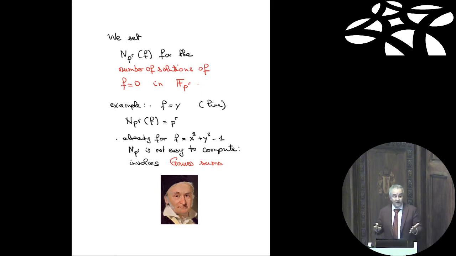It's an integral in terms of the exponential function, the integral from 0 to plus infinity of e to the minus t, t to the power s minus 1 dt. It's highly transcendental, and these Gauss sums are transcendental. This means that these numbers very often are complicated. You cannot compute them precisely. Of course, you can use a computer and compute them for a given p to the r, but if you want a formula in terms of p to the r, then it's very complicated and might turn out to be intractable.